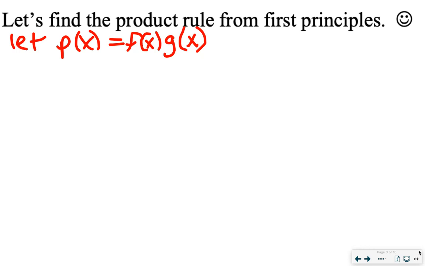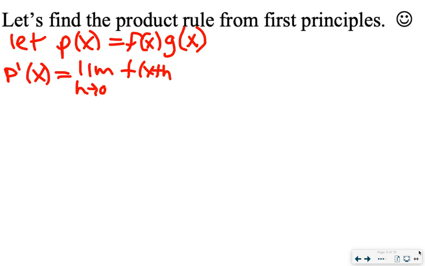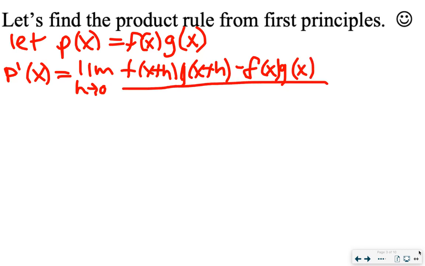If I'm finding this from first principles, I know my p prime of x will be the limit as h approaches 0 of f of x plus h times g of x plus h minus f of x times g of x. That's following my first principles.